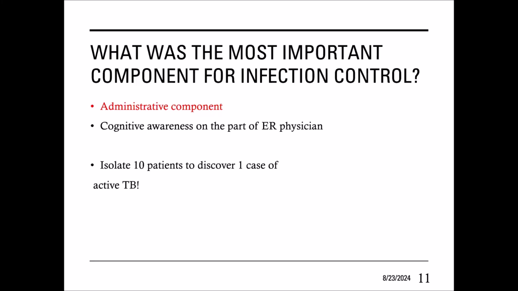But to miss a case is a giant problem and can expose a large number of patients. Every year in our hospitals, we will have 1 or 2 situations a year where patients are not isolated for pulmonary tuberculosis because it was never considered as a possibility and caused major exposures to hospital staff.